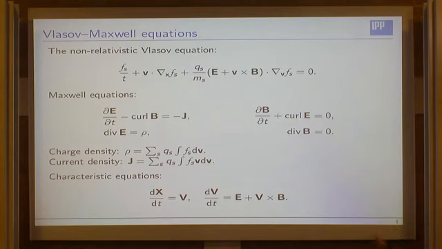Then here you see Maxwell's equations, with the source terms, the current and charge density, which are the velocity moments of our distribution function. So here we have this nonlinear coupling.